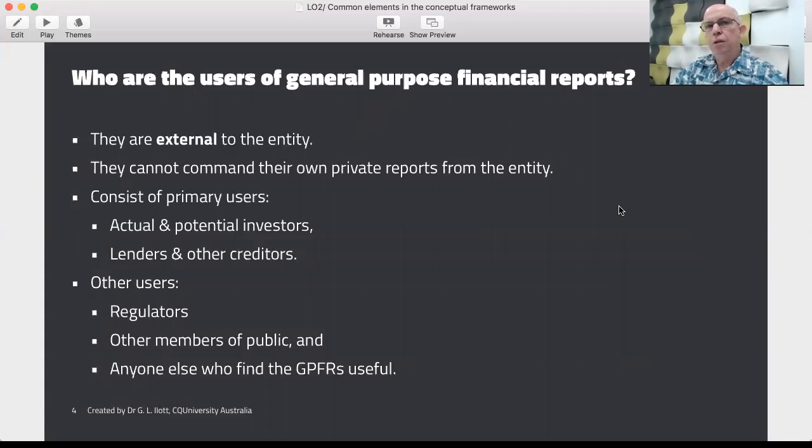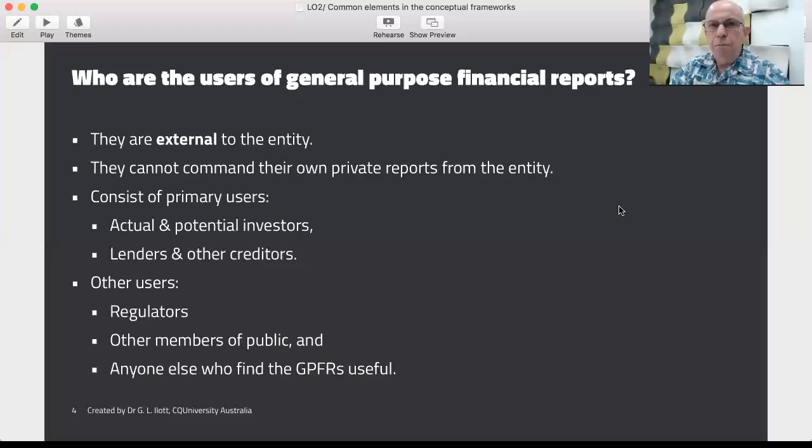And who are the users of general purpose financial reports? Well, they are external to the entity. That doesn't mean that people inside the firm can't use general purpose financial reports. Your chief financial officer, your CEO, the board of directors should and will certainly look at those reports, but they're not published for them.